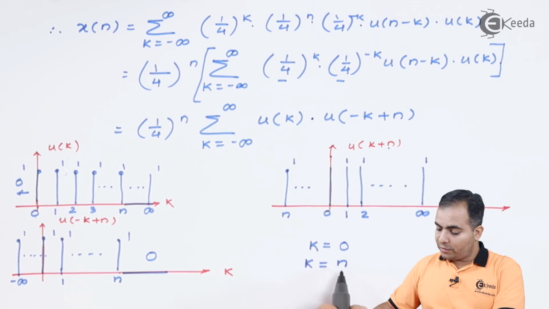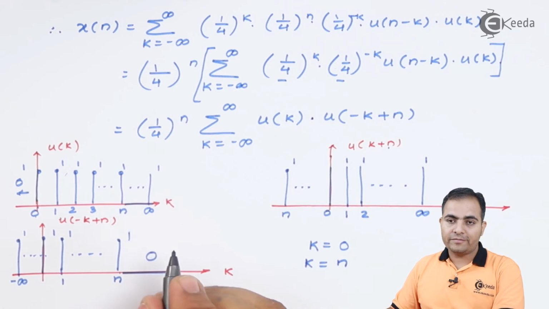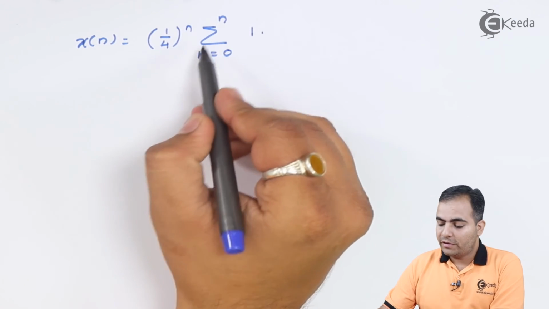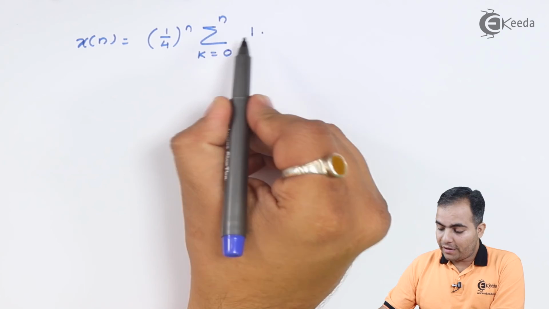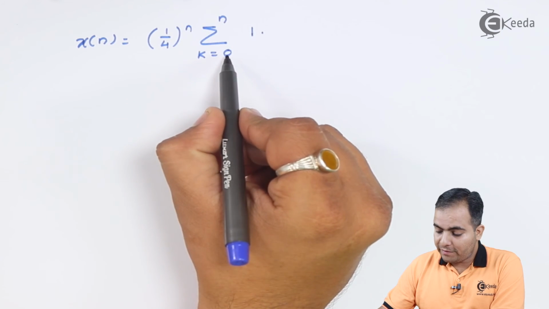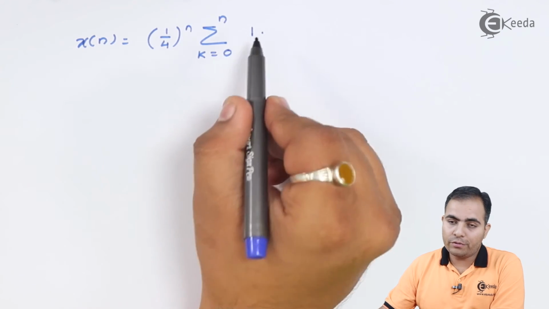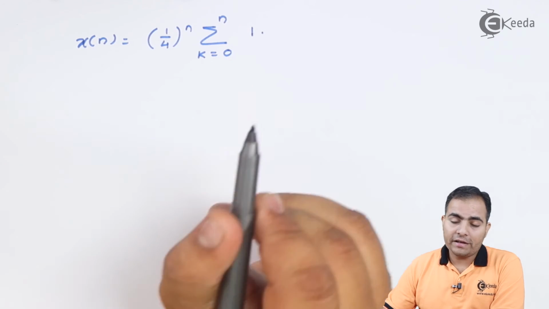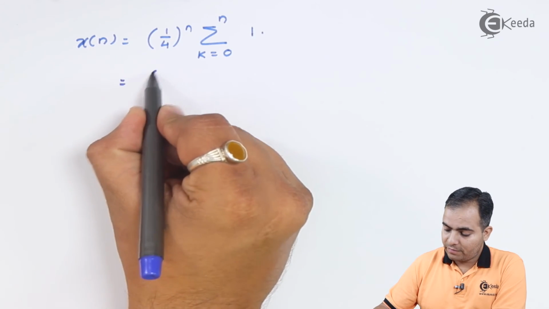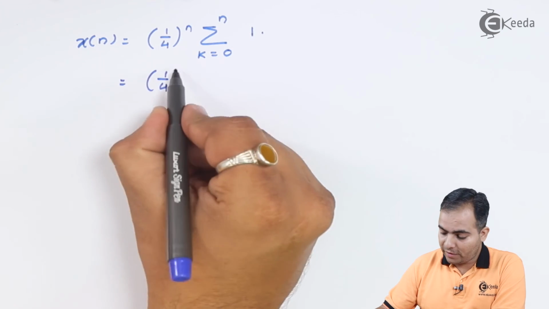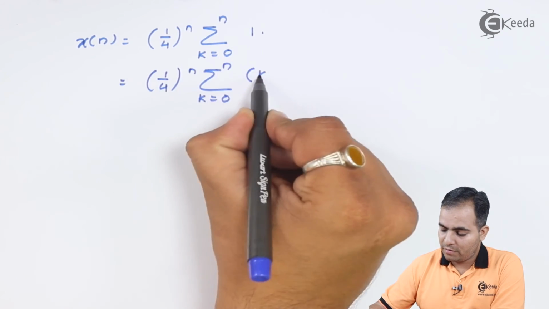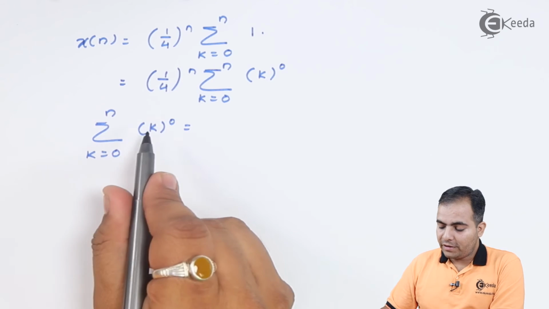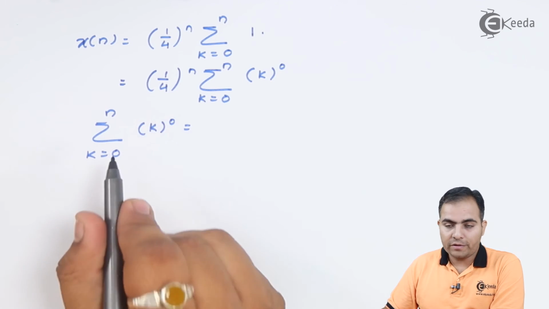So I will substitute both these limits in my formula. What do we get? One by four to the n, summation with k varying from 0 to n, and in between 0 to n we have amplitude only 1. Now we can replace this 1 by k raised to 0, because I'm going to use one formula over there. So k equals 0 to n of k to the power 0.